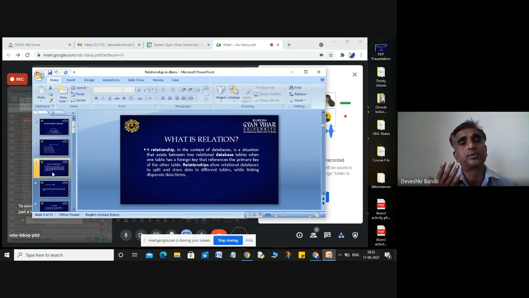Your entity has some characteristics, some features called the attributes. Like student is your entity, teacher is your entity, table is your entity, because student, teacher, and table have some characteristics called the attributes.